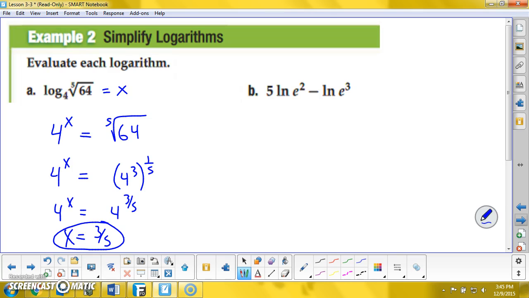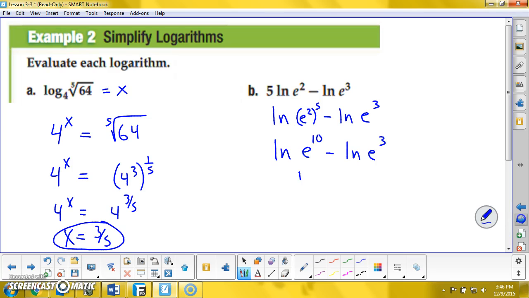Part B, now we want to use some properties of logarithms here. I'm going to rewrite this as the natural log of e to the 2nd to the 5th, that's using our power property, minus the natural log of e to the 3rd. And now I'm going to rewrite this first term as the natural log of e to the 10th minus the natural log of e to the 3rd.